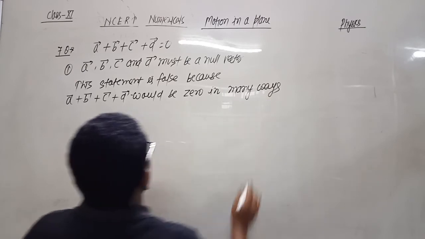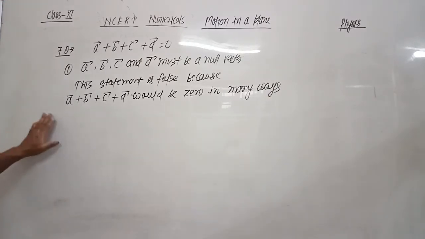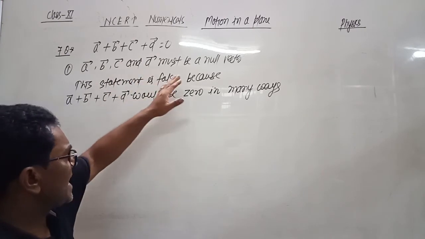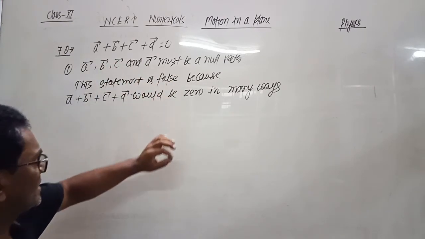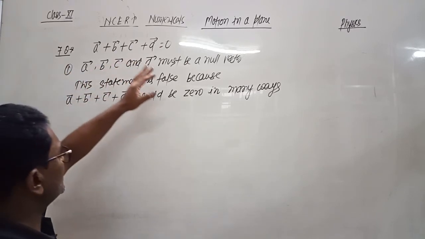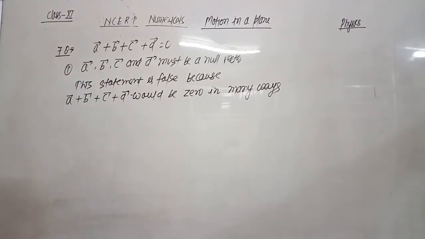The sum of these four vectors will be 0 in many ways, not only when they are null vectors. It is not necessary that A, B, C and D must each be a null vector. This statement is false because the sum of these four vectors would be 0 in many ways.